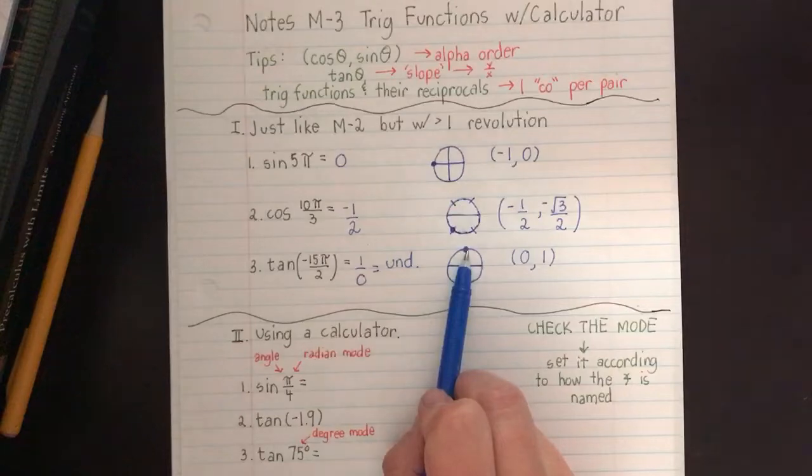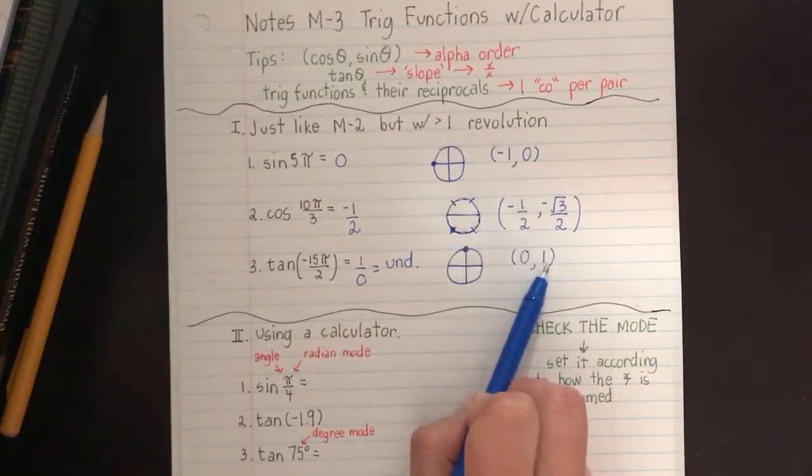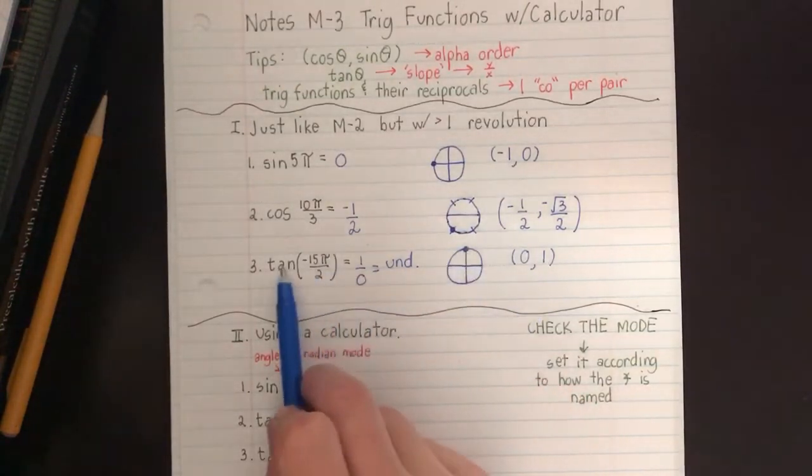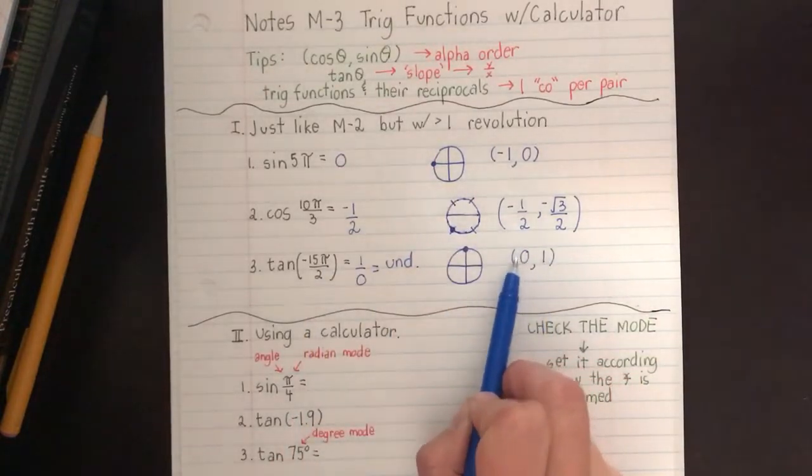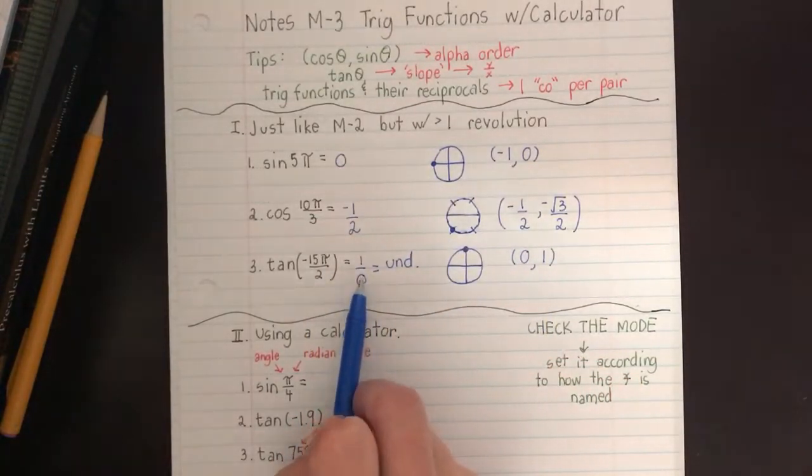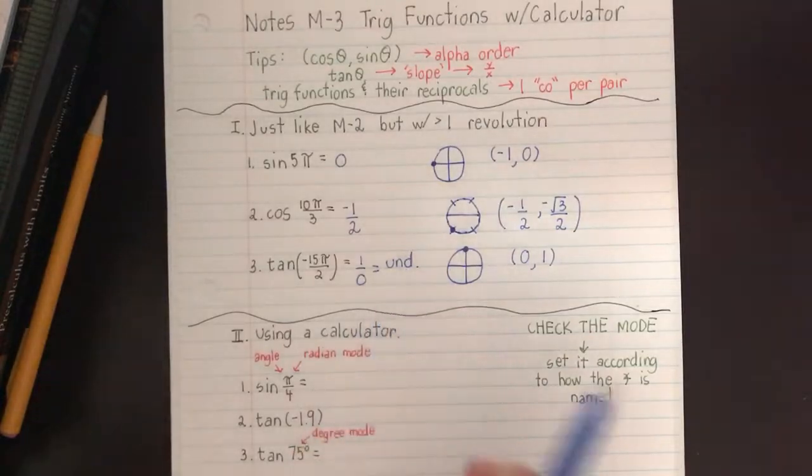That puts me right here, which is the coordinate 0, 1 on the unit circle. If I'm talking tangent, I'm talking y over x, so 1 over 0. Since we have 0 in the denominator, that's undefined.